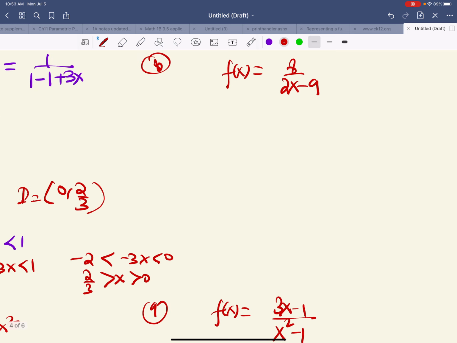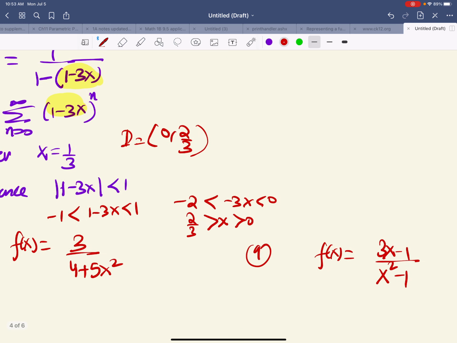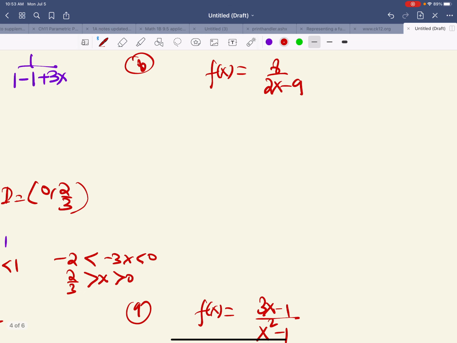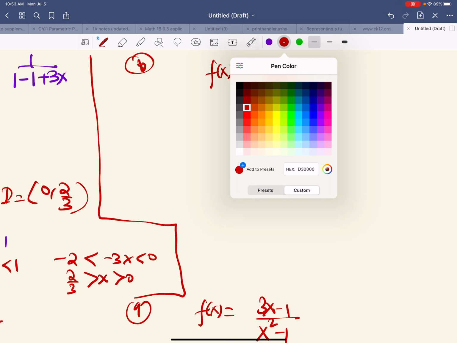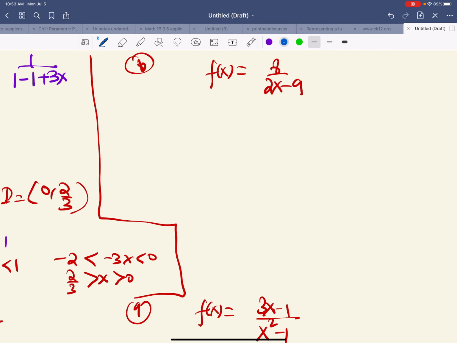Let's see another example. f of x is equal to 8 over 2x minus 9. For this problem, I want to express it in the form 1 over 1 minus x. That's my goal. And again, this x can be something more than x, but 1 over 1 minus some function of x.